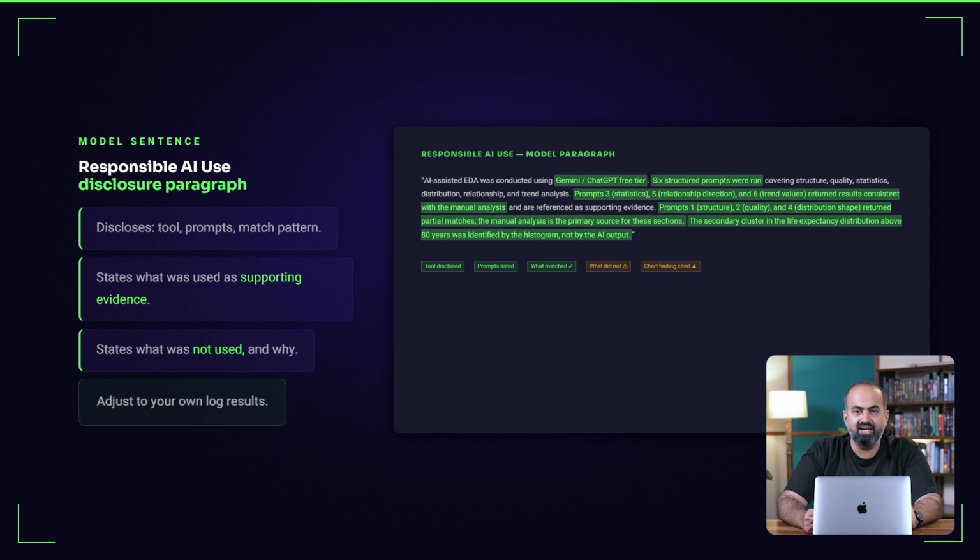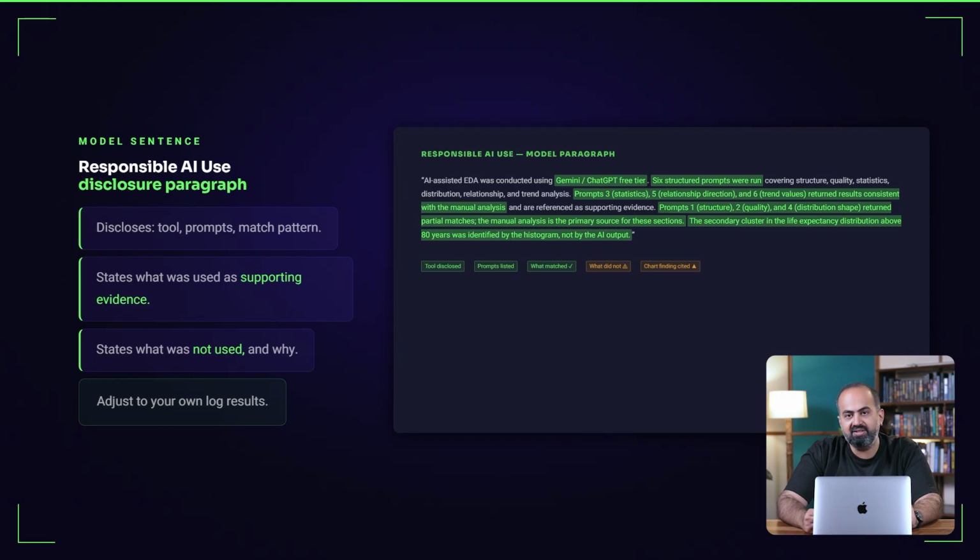Prompt 3, statistics, 5, relationship direction, and 6, trend values returned results consistent with the manual analysis and are referenced as supporting evidence. Prompt 1, structure, 2, quality, and 4, distribution shape returned partial matches. The manual analysis is the primary source for these sections.